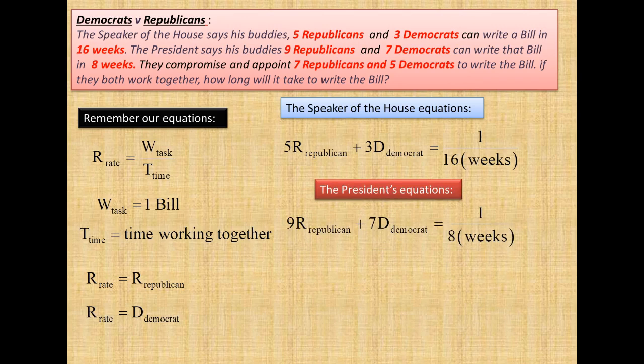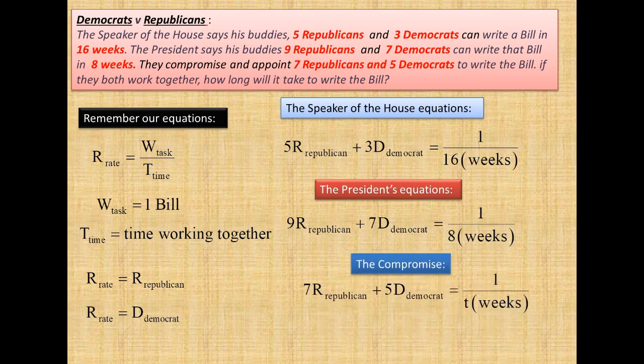The President's equation is 9 times the Republican rate plus 7 times the Democrat rate equals 1 over 8, which is 1 over 8 weeks. The compromise is 7 times the Republican rate plus 5 times the Democrat rate is equal to 1 over T. And that 1 over T is when they're working together.